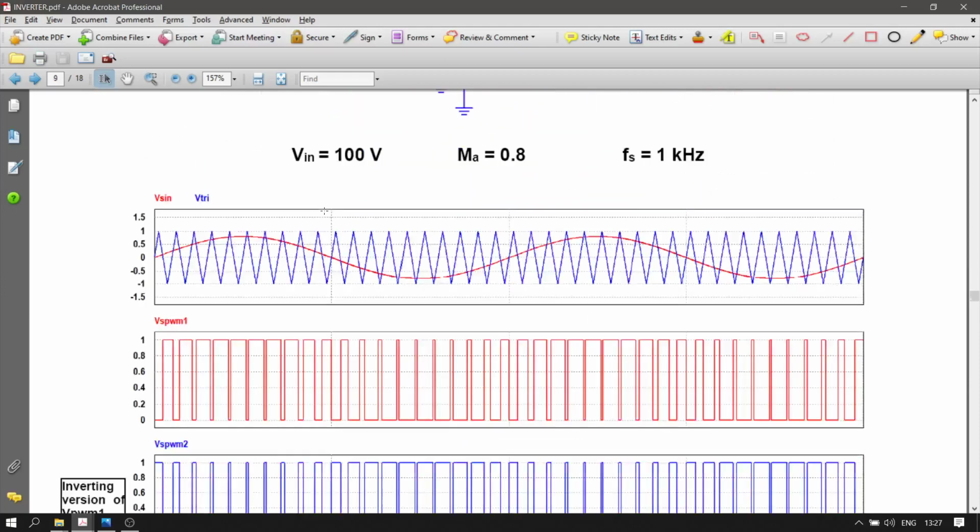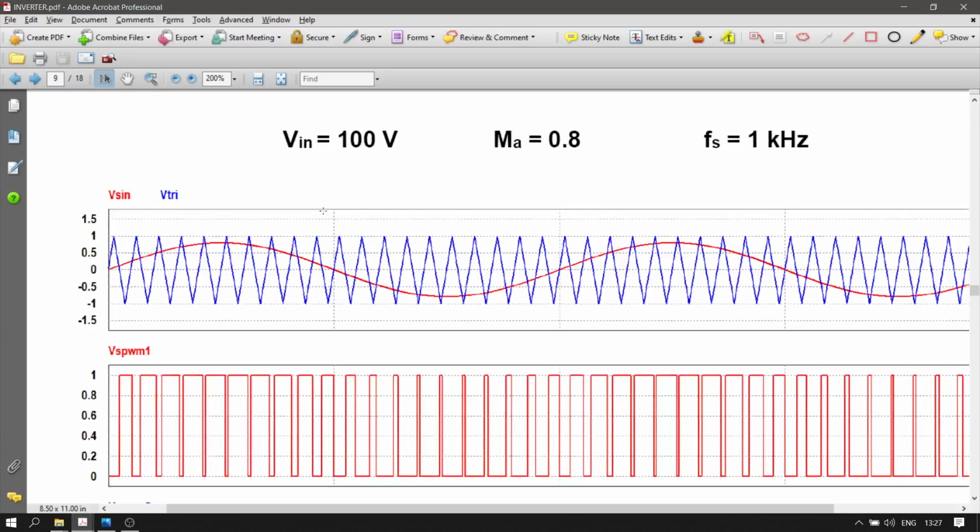For bipolar PWM, the carrier is again the same triangular carrier signal, but it consists of positive and negative parts. So I hope you'll be able to draw that and trace the SPWM. You can draw the SPWM1. You can identify what happens if the Ma increases or is reduced, and what happens if the frequency ratio increases or reduces.